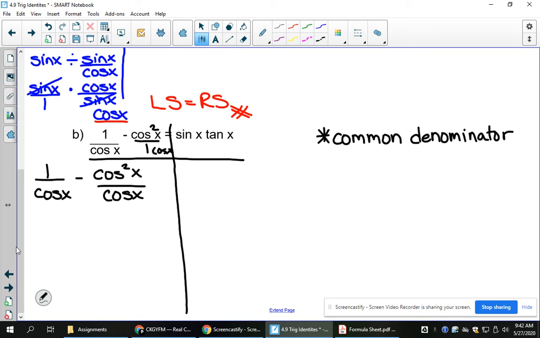Make sure you're writing that squared in the right spot. If you write it after the x and you didn't put that entire thing in brackets, you're wrong. Now, what did we do with common denominators back in grade 7 when we did fractions? Well, we can write one denominator and we can add or subtract the tops.